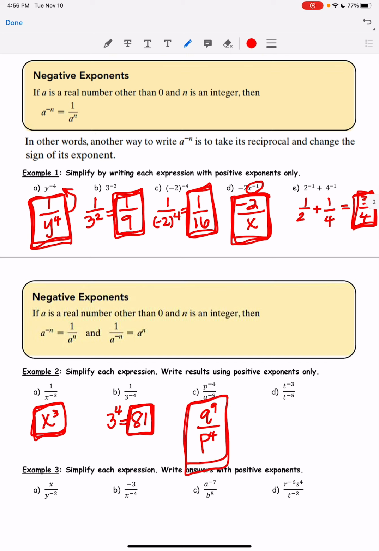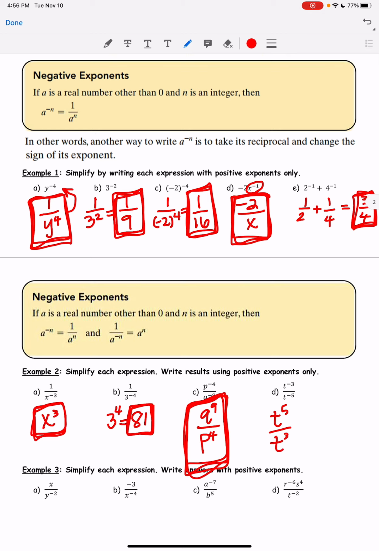Sorry, I keep boxing it and then going over it. Okay. Same thing here. Negative on top goes to the bottom. Negative on bottom goes to the top. So this is going to become t to the 5th over t cubed.